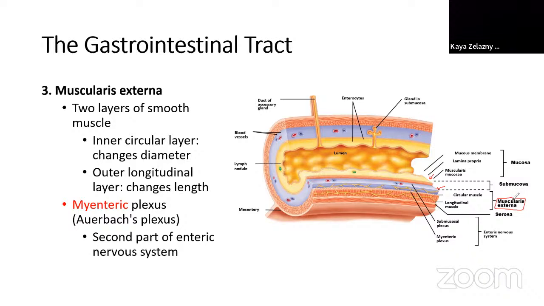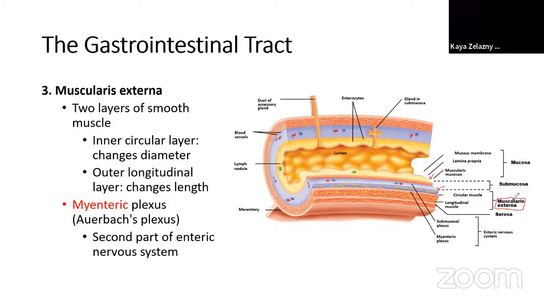So that inner layer is more about churning. These stronger, thicker, more outer layers are going to basically be helping us with peristalsis, which is the movement of food through the tract as a whole. So the circular layers can change the diameter of the tract, and the outer longitudinal layer can change the length.